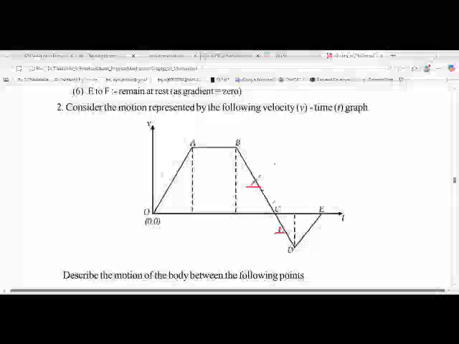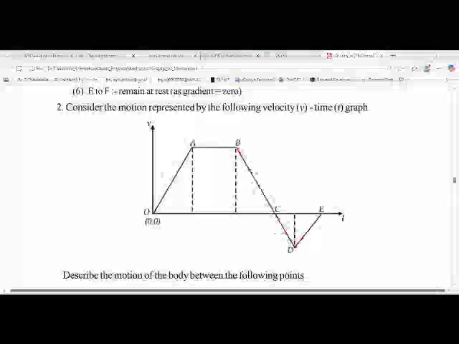It means the magnitude of this deceleration is equal to the magnitude of the acceleration. If this is 10, this is also 10. The values are the same because the gradients are the same. The inclinations are the same.